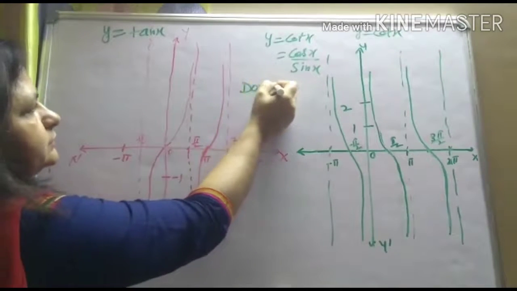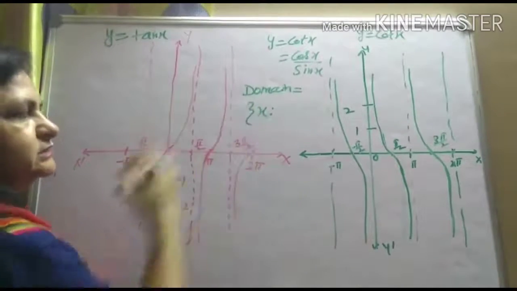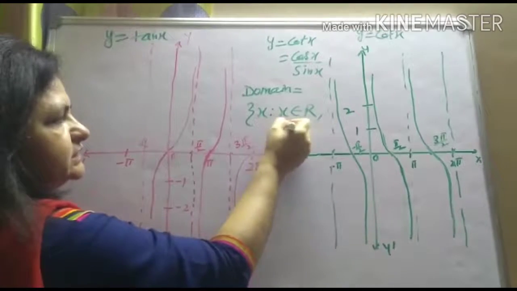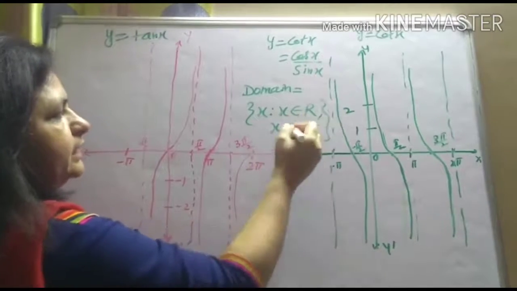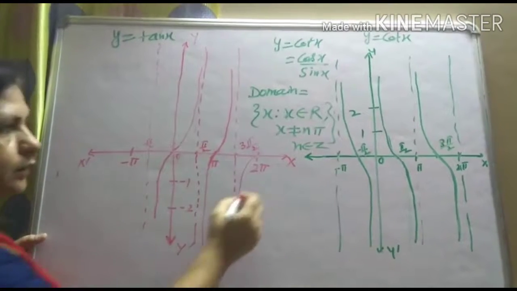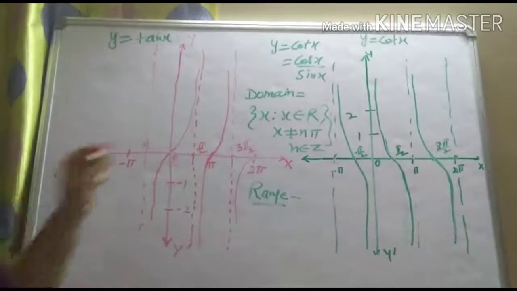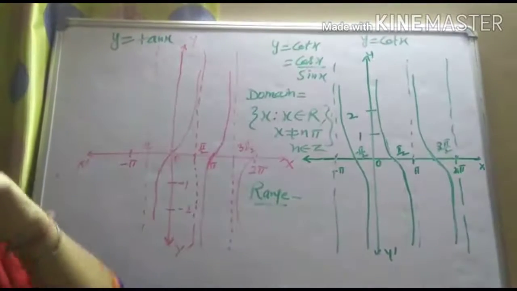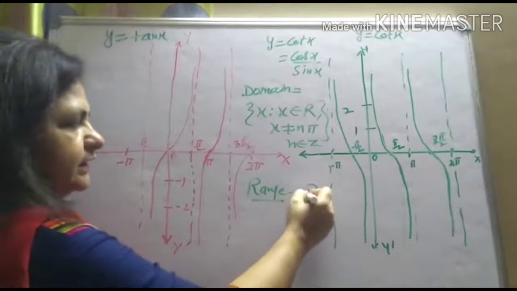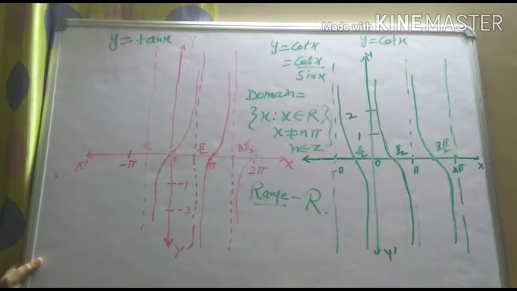So the domain of the cot function means x belongs to R, and x is not equal to n pi, where n belongs to integer. Now, what is the range of cot x? Values of the cot function lie between minus infinity to infinity. It means all real numbers. So the range of the cot function is all real numbers.